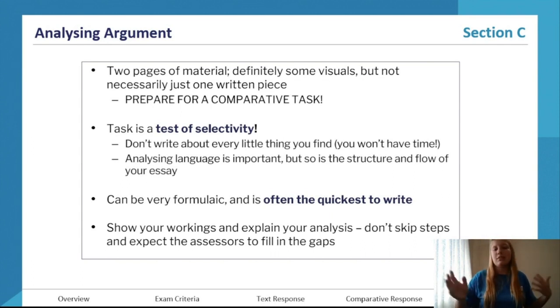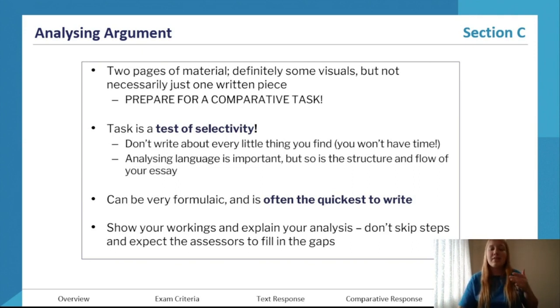But now we're going to have a chat about section C in general and my advice for you. So you're going to have 2 pages of material every single year. Definitely some visuals likely to be embedded within your piece that you're provided. But VCAA doesn't specify. It's not necessarily just one written piece.